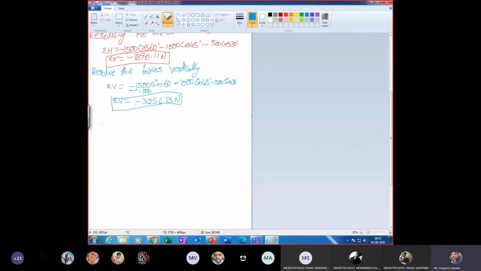Now R equal to, can I write like this, the magnitude of the resultant force.